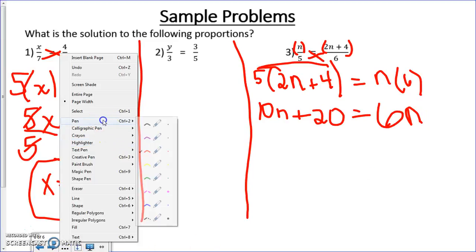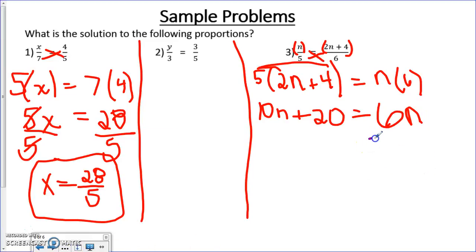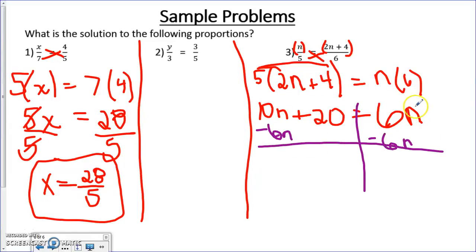I'm going to bring the letters to the left, subtract 6n. Remember, you can only subtract and add with like terms. So we have 10n minus 6n is 4n plus 20 equals, we have nothing on the right-hand side, so we're going to say 0.